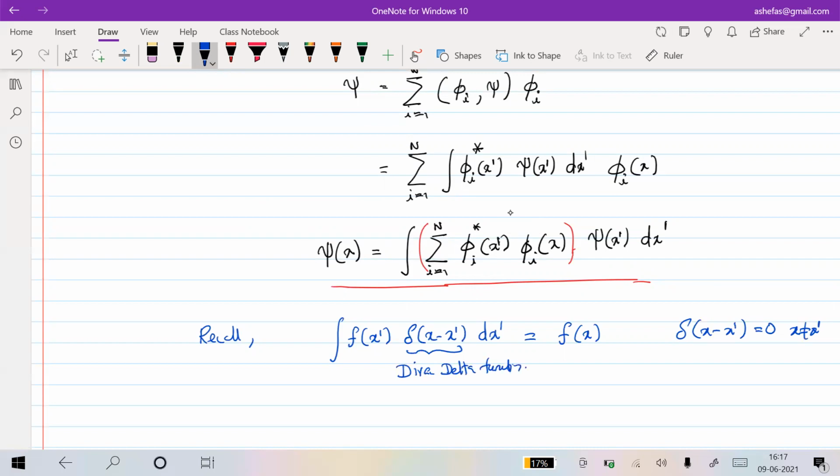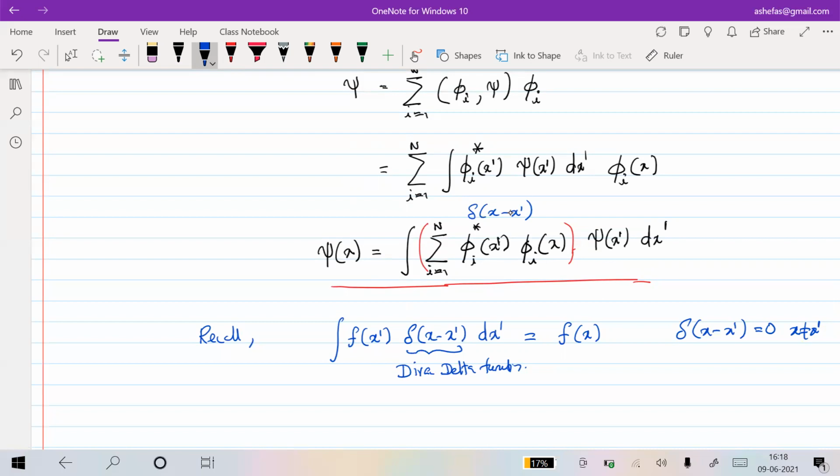This delta of x minus x prime is called the Dirac delta function. Now, if you compare these two equations, the left side is psi of x. So psi of x is the integral of some function times psi of x prime dx prime. This implies that the quantity inside this bracket, the summation, should be a Dirac delta function, and only then we get psi of x.